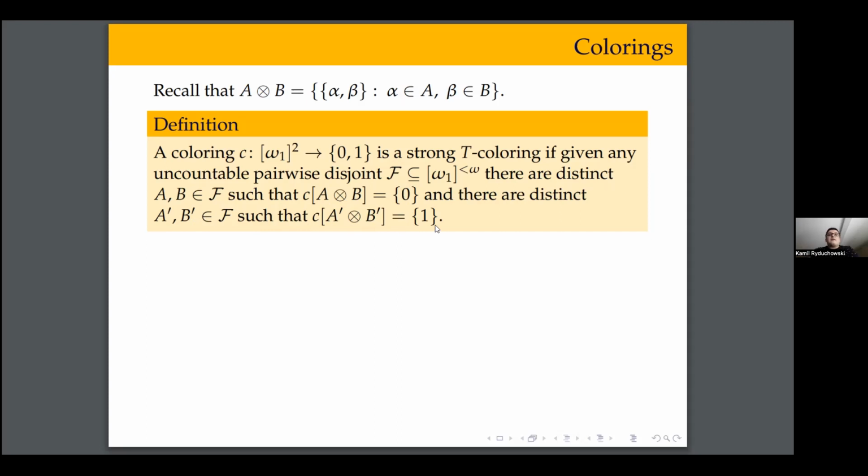So that's a very strong property of the coloring, and in fact it is so strong that it is independent of ZFC whether such a coloring exists.